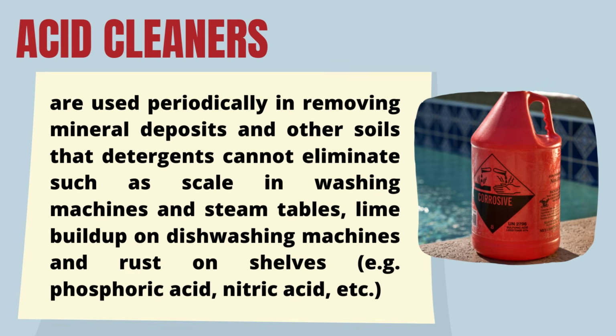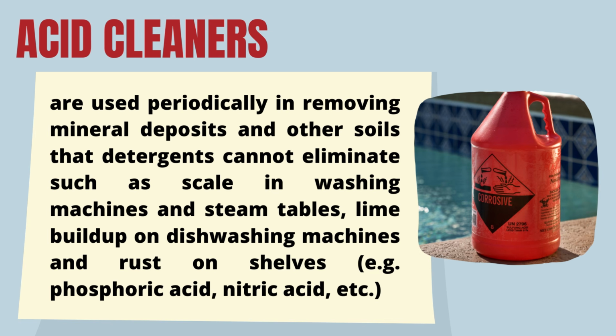Next is acid cleaners. These are used periodically in removing mineral deposits and other soils that detergents cannot eliminate, such as scale in washing machines and steam tables, lime buildup on dishwashing machines, and rust on sleeves. Examples: phosphoric acid, nitric acid, and others.